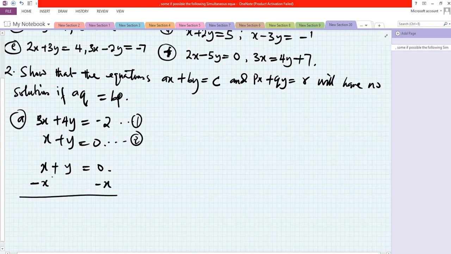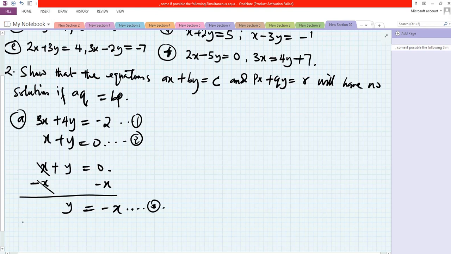What you do on this side, you also do on the other side, so that the equality sign will still remain. So this will cancel out. You're left with y on the left hand side. At the right hand side, you're left with minus x. So we have this. This should be equation 3.